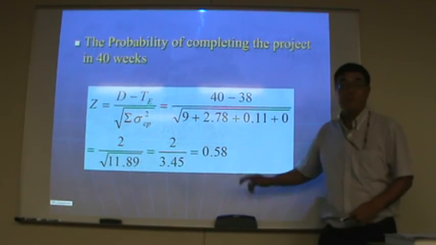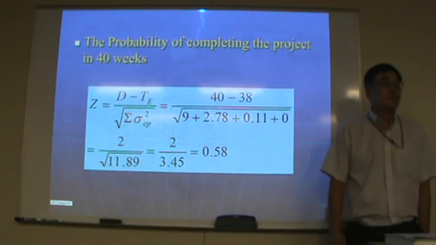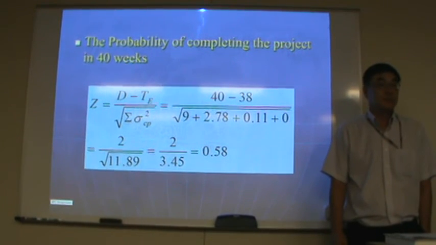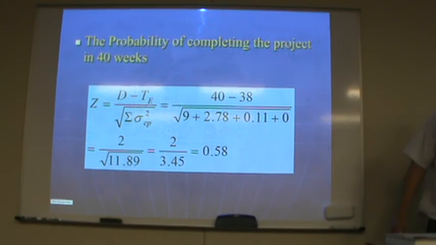Then 0.58. Then find the z-score 0.58 on the chart.